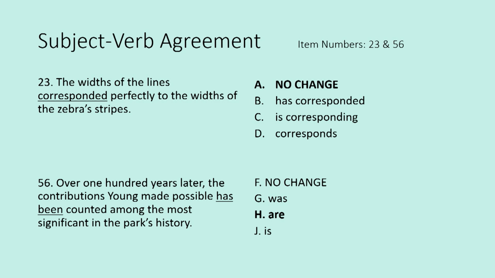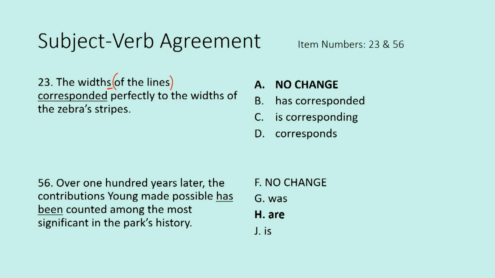The widths of the lines corresponded perfectly to the widths of the zebra's stripes. So you've got this prepositional phrase, of the lines, but widths is a plural noun, so you need a plural verb.